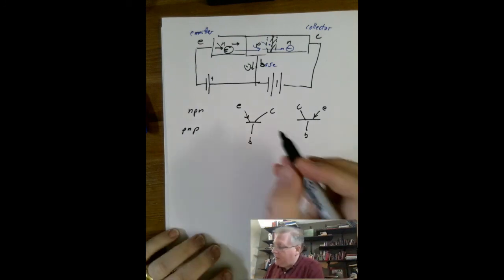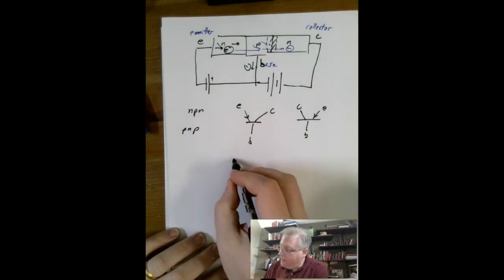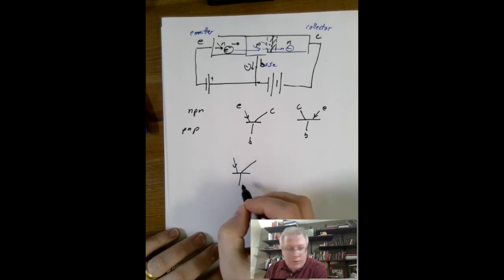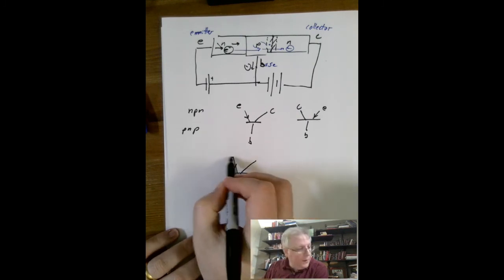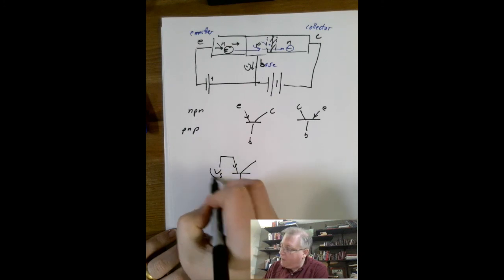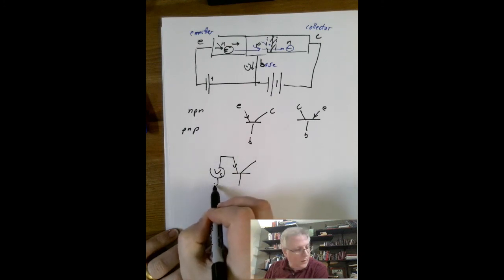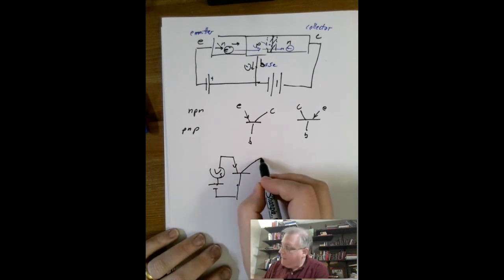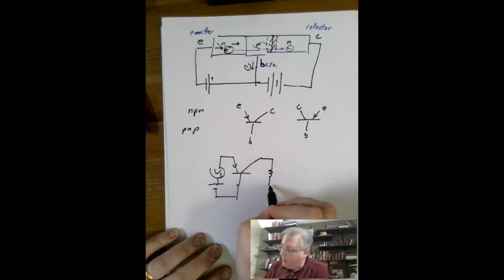So to put this in context, how you have this in a circuit is, there's my emitter, and there's my collector, and there's my base. And what I would have is some small supply voltage here, so this is forward biased like that. And then I have some resistor here so it can carry a current.